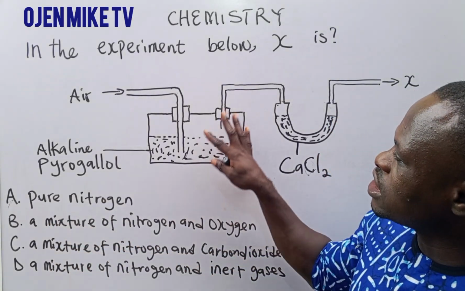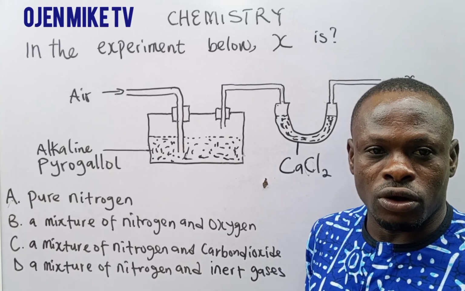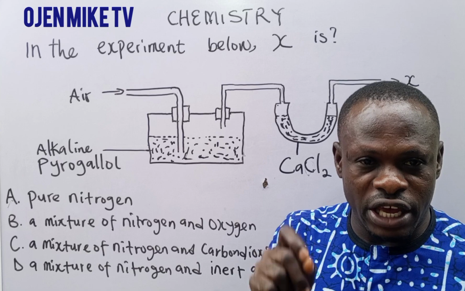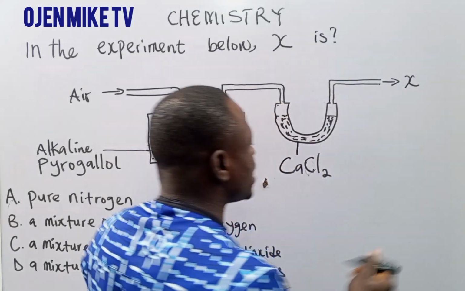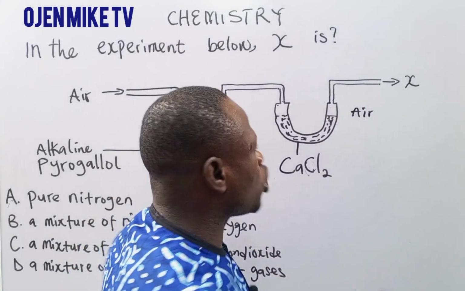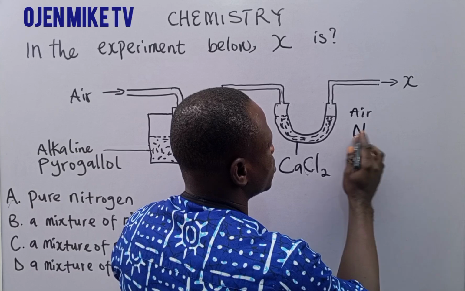Now, this is a typical diagram of alkaline pyrogallol. You have to understand the components of air. Air that we breathe is made up of what? The highest percentage of air is nitrogen.